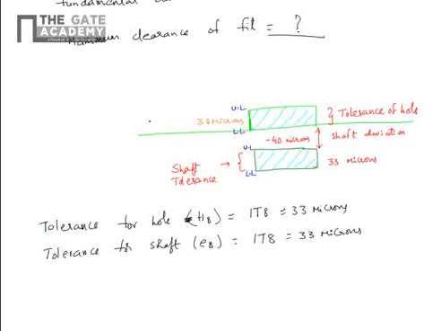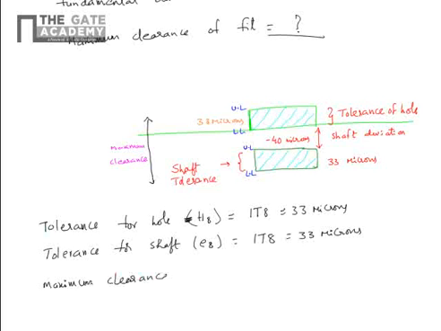That is the maximum clearance. If you understand this, then you can solve any problem. So to get that value, maximum clearance equal to, even though negative values are there, you need to add them all.